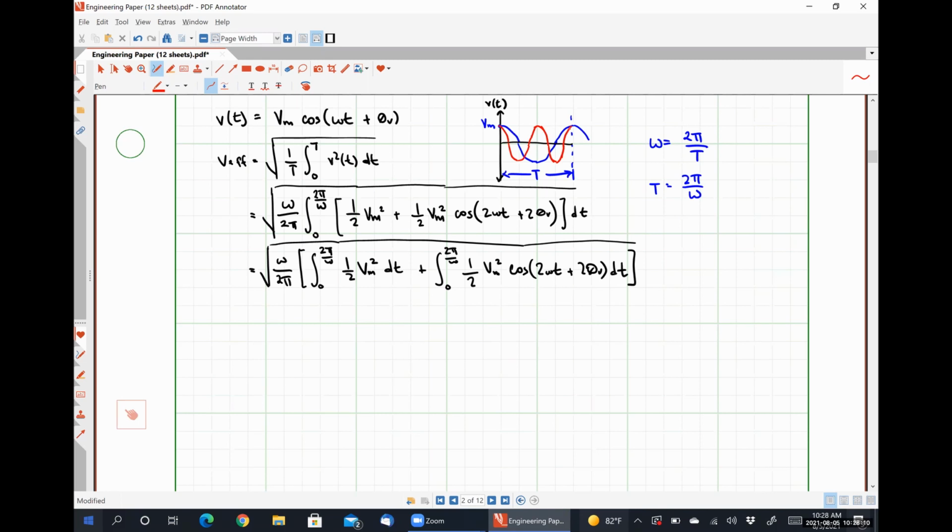So what happens when we integrate that new sinusoid, the twice frequency term, over exactly 2 periods? Anybody have any thoughts? Could you repeat the question?